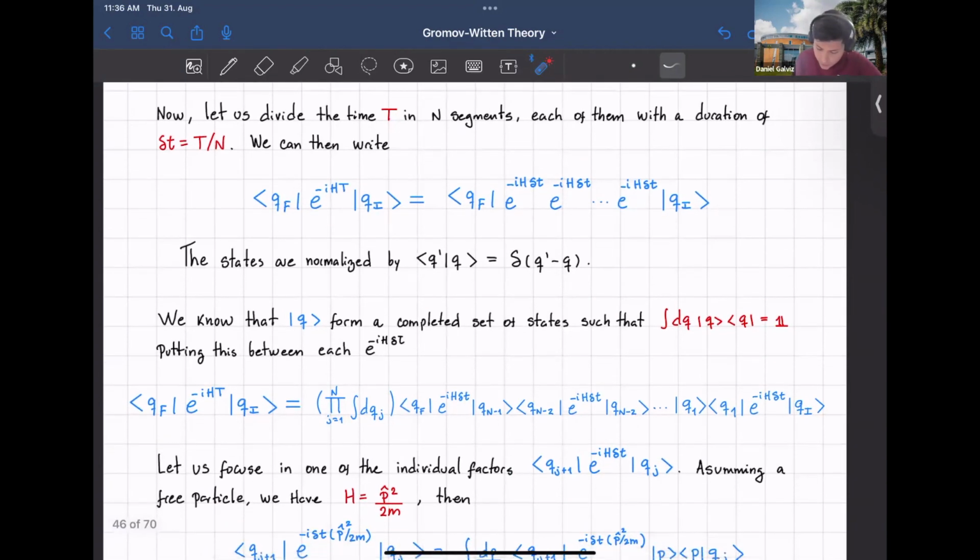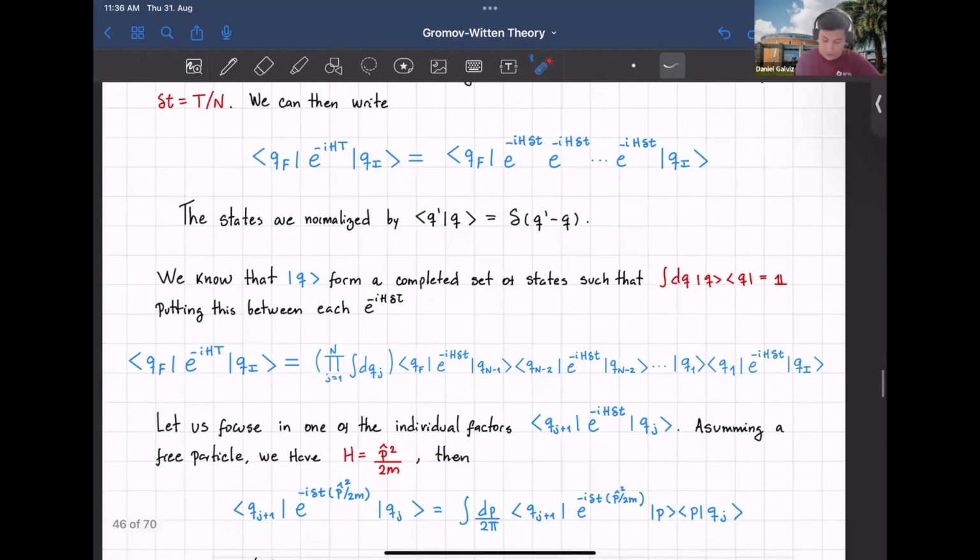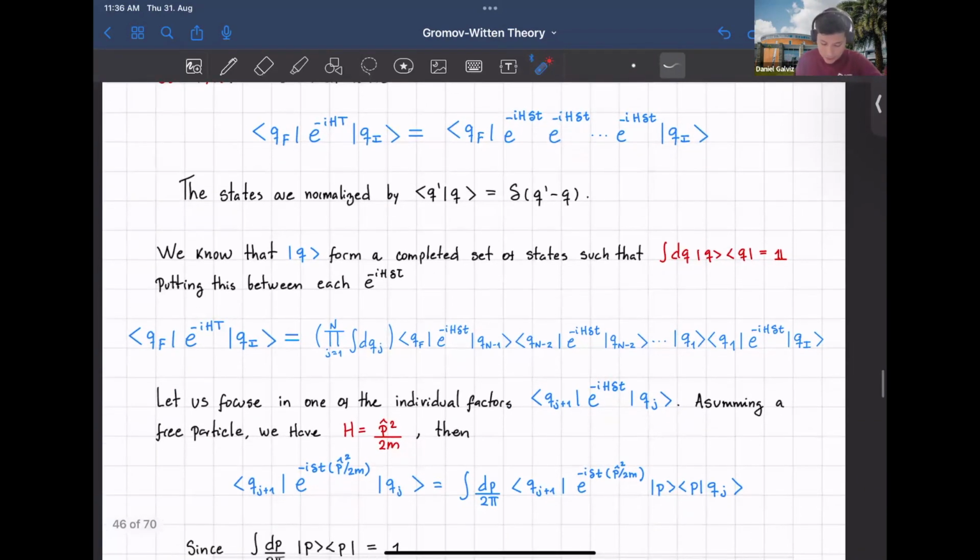Okay, so you put this inside each of them, n number of times. And of course, you have this integral because each of these will give you one of these. So you have n times the integral.